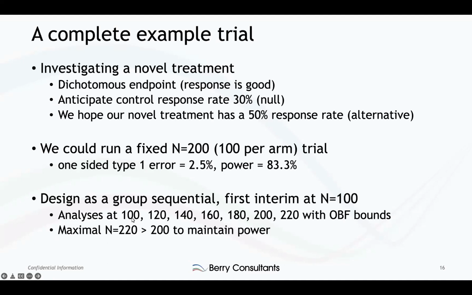As we refine the trial, we may consider, what if we only did 100, 140, 180, and 220? Do we get basically the same performance with fewer interims and less cost? We may consider, what about just 100, 160, 220? We'll think about that when we get to the refinement. But we know inferentially lots of interims are good. So a lot of times we design there, and then once we've optimized, we'll back them off.